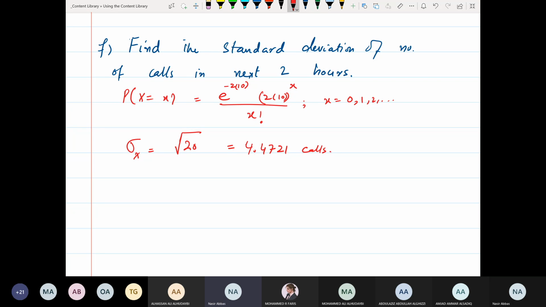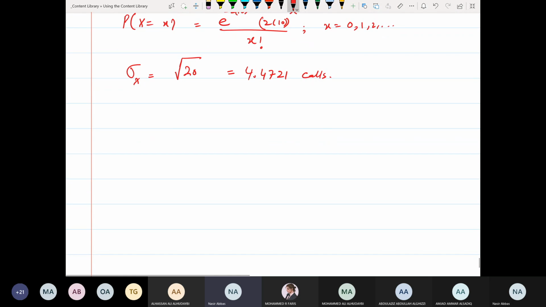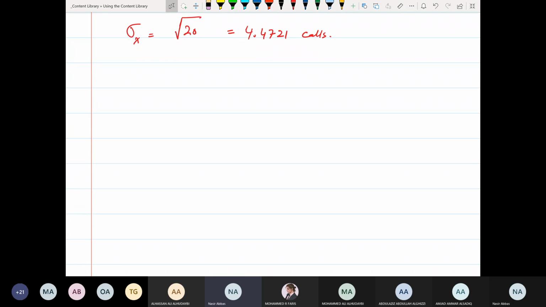Now let's go back to the formula sheet. What will be given to you in the formula sheet? For you, the general formula of Poisson distribution will be given. E to the power minus lambda t, lambda t to the power x over x factorial. Let me check the formula sheet. Is it?